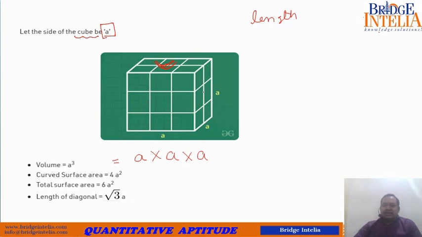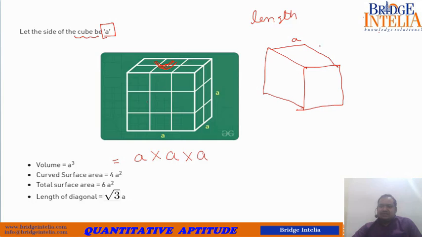You can see that a cube has six surfaces. If you look properly, a cube will have six surfaces. One surface, two surfaces, this is the third surface, and three surfaces opposite to these faces. Each surface is exactly like a square, and since there are six surfaces, the total surface area is 6 times a square.